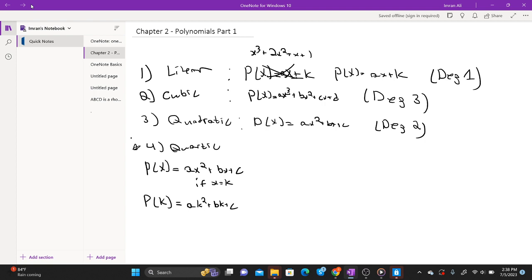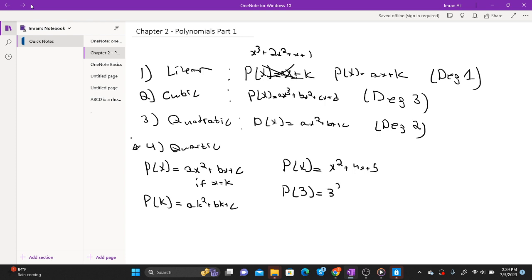The best way to illustrate this is by using an example. If I have p of x equals x squared plus 4x plus 5, and someone asks me to find p of 3, then that's just, okay, x equals 3.